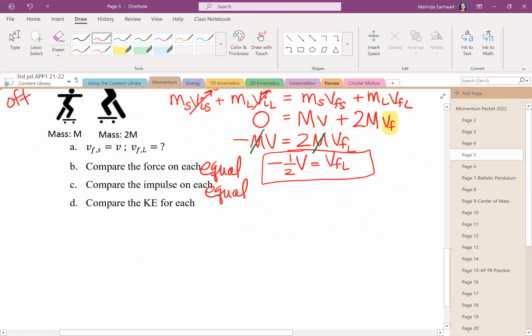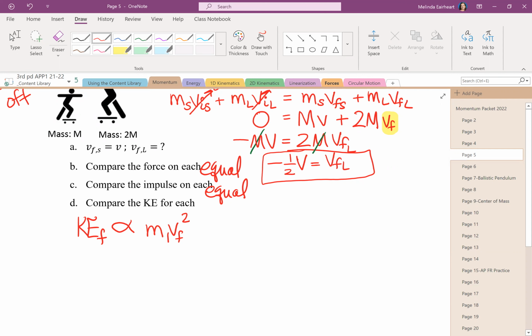Now slow down. Compare the kinetic energy of each. Now initially it's all 0. That's boring. What's the kinetic energy final? Now just play the game with me, y'all. I know it's 1/2 mv squared, but I'm not going to write the 1/2. Okay? Because 1/2 is going to be the same for each. And so I'm using not equal, I'm saying it's proportional.